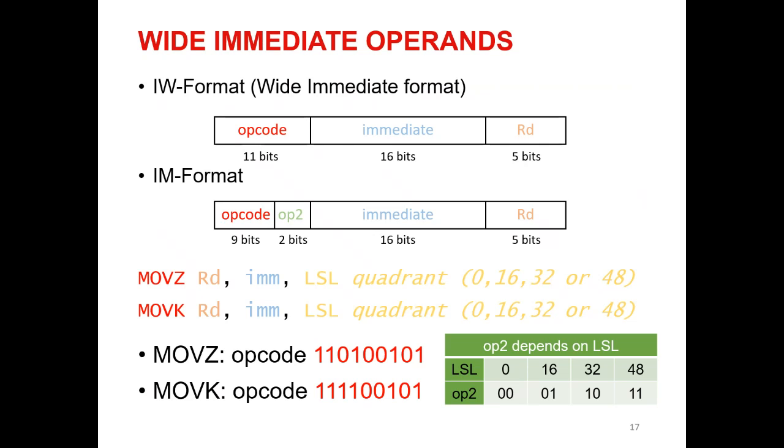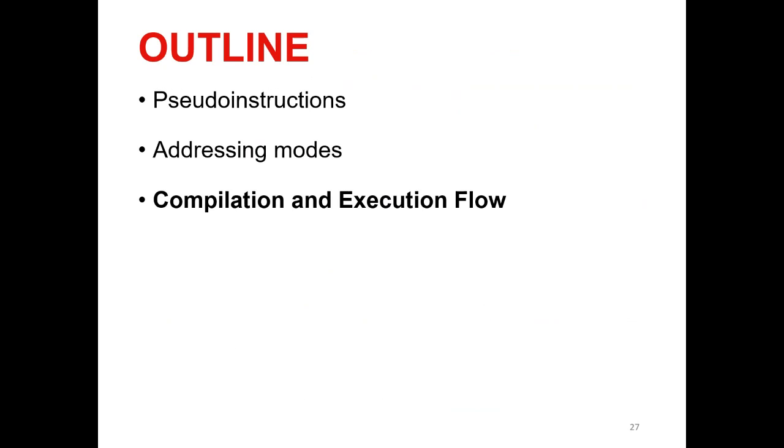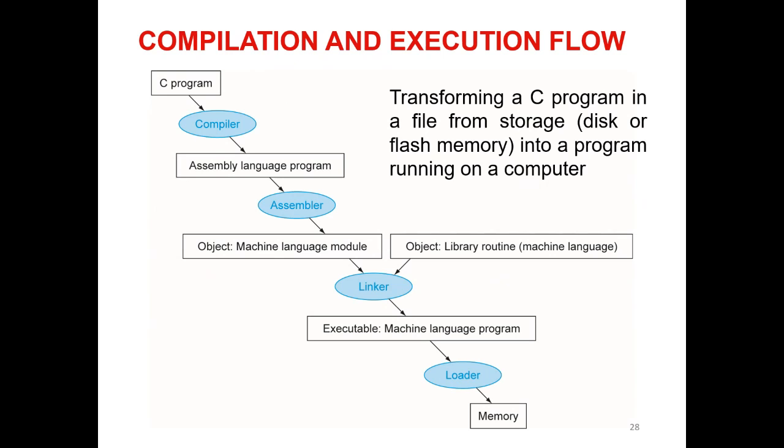Okay, I don't see any other question here. So let me then continue with the next point of this lecture, compilation and execution flow. Now, if you remember in the first lecture, we showed that we have our C program or Java program or a program in any other high-level programming language.